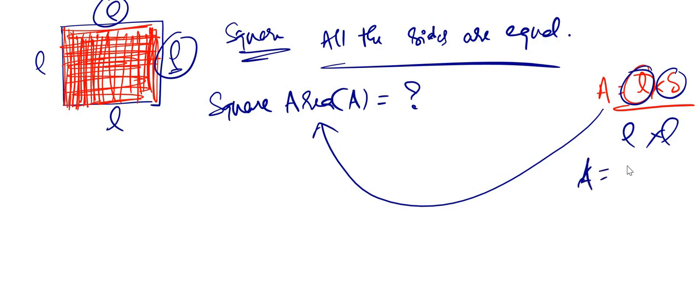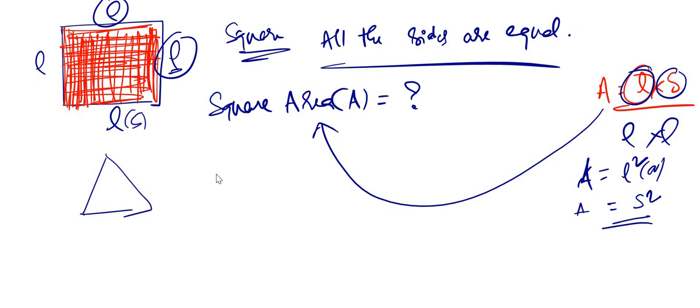Now we got it. The area of the square equals length into length, which is length square, or if you consider L as S, you will get it as side square. The same thing is applicable to a rectangle, and to any parallelogram.